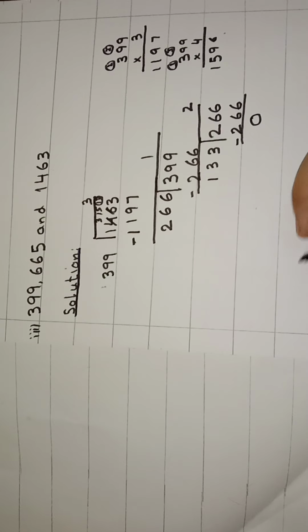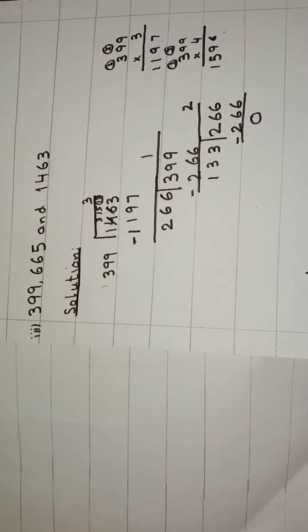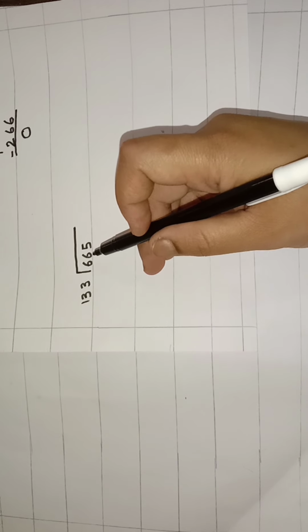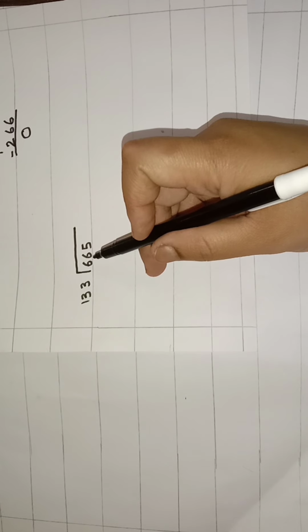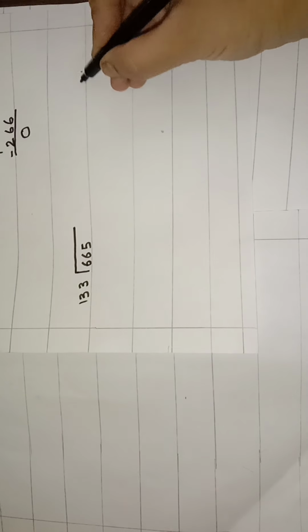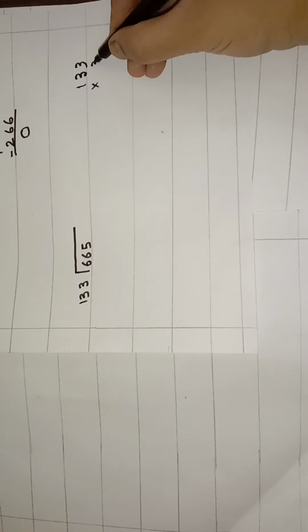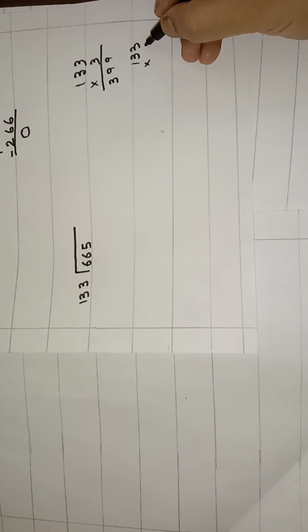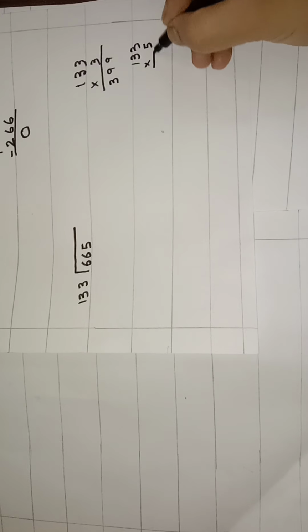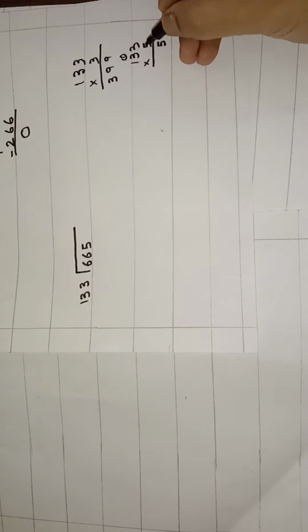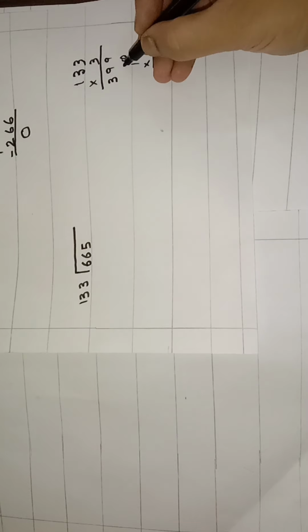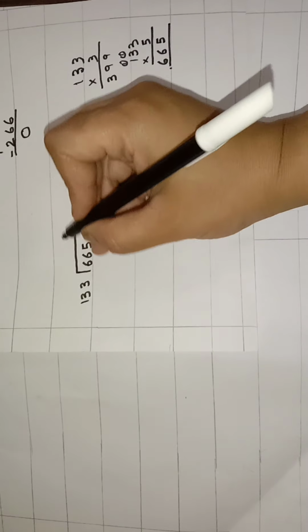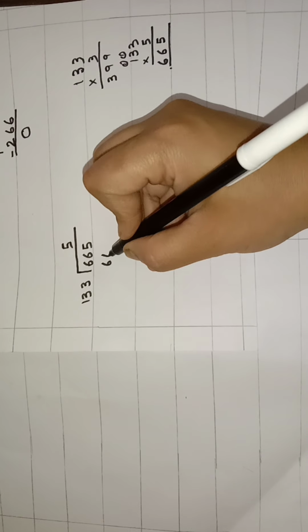Now we will divide 133 by 665. 133 twos are 266. 133 threes are 399. 133 fives: 5 threes are 15, and 1 is 16. 5 ones are 5 and 1, 6. 133 fives are 665.